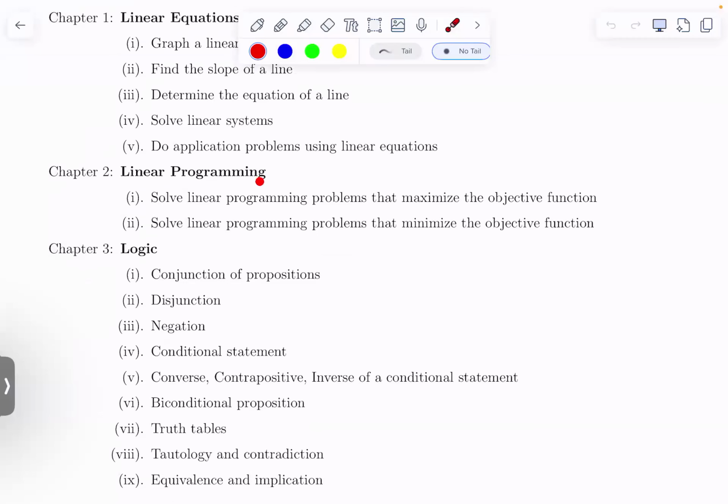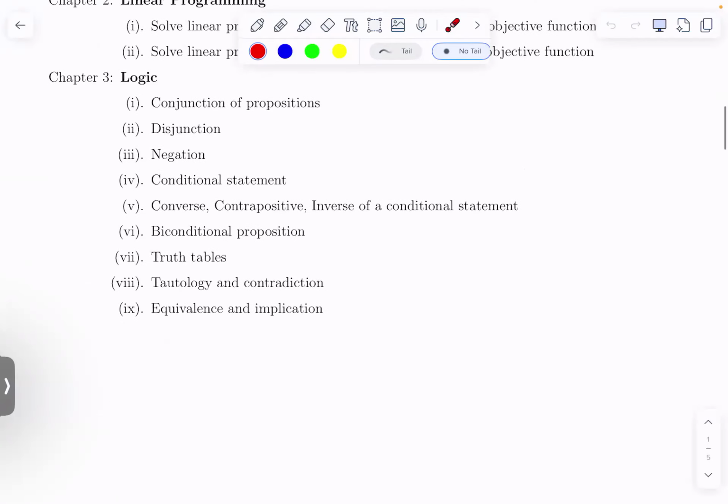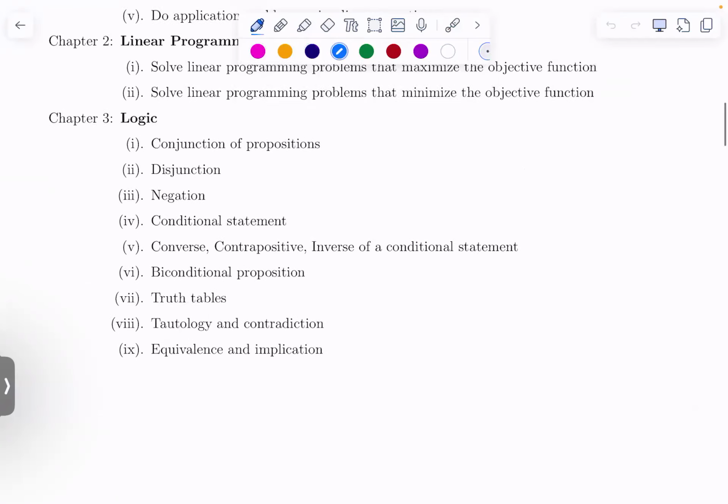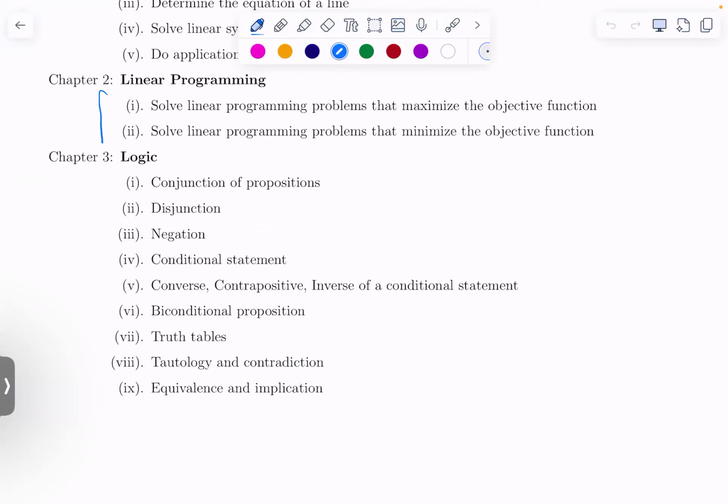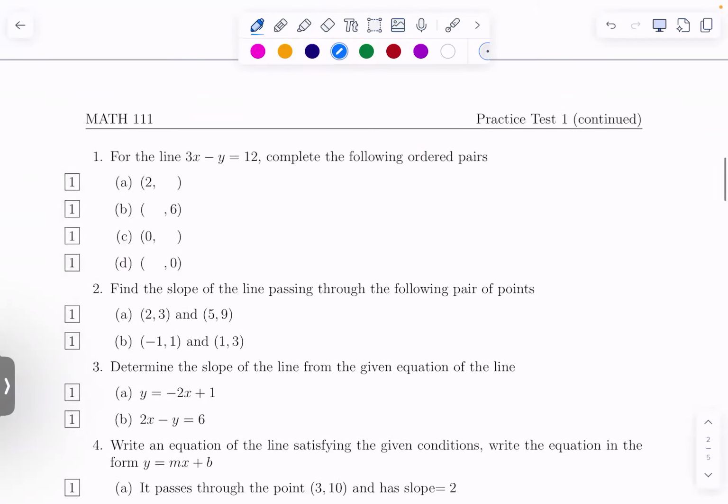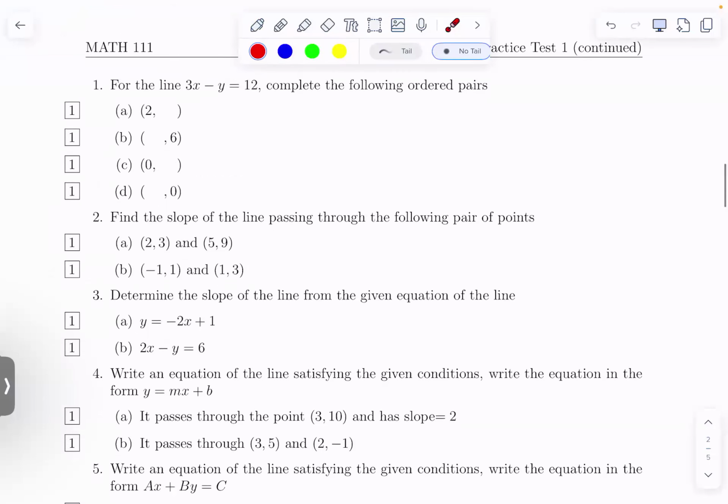Then we moved into linear programming, maximizing and minimizing some objective function. That's a lot of work. That's what I wanted to do: count out roughly how many marks. It'll be one of these for 10 marks, that much I know. This is an approximate guide of how many marks, usually one each.